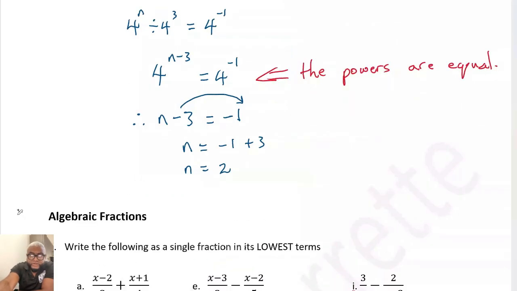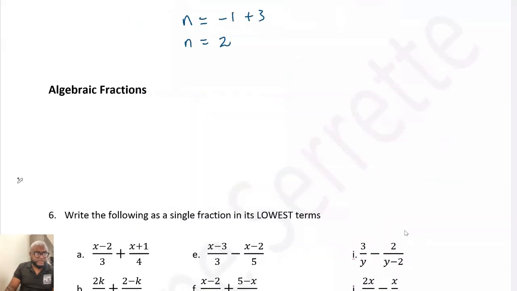Write it, because I'm sure a lot of us did not get it. We just write in our note here, right?